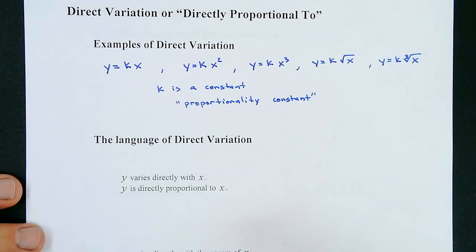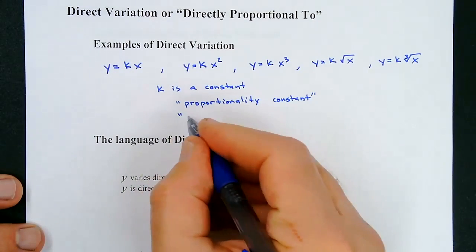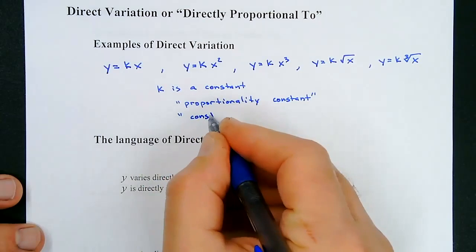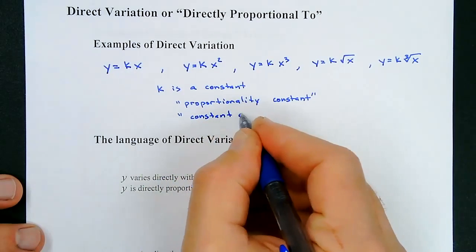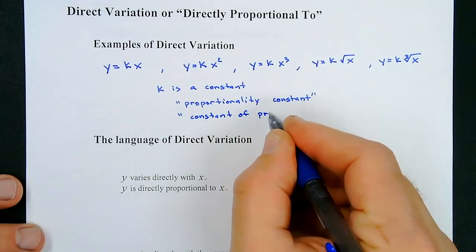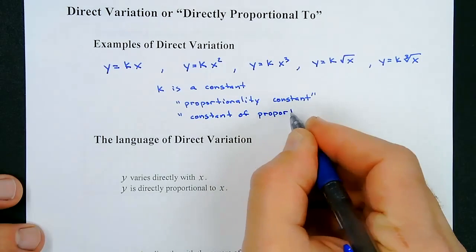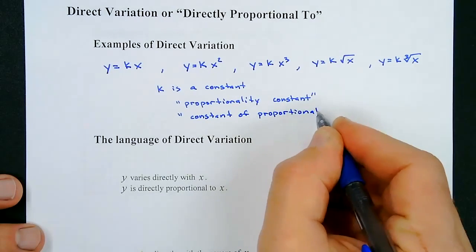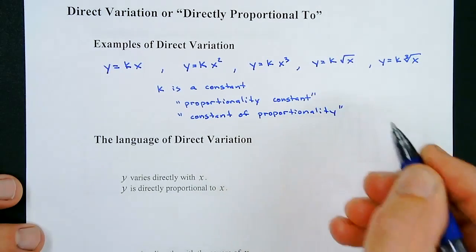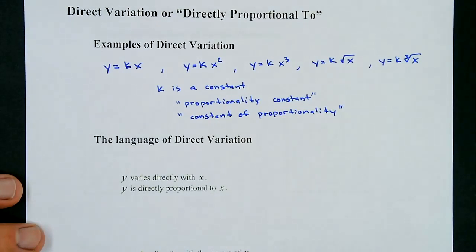And some people also call it the constant of proportionality. So you're going to see it said different ways. And we need this in order to do our next lab, okay?